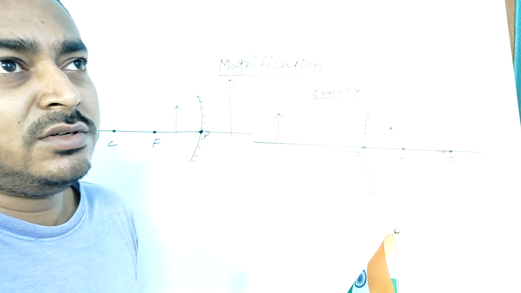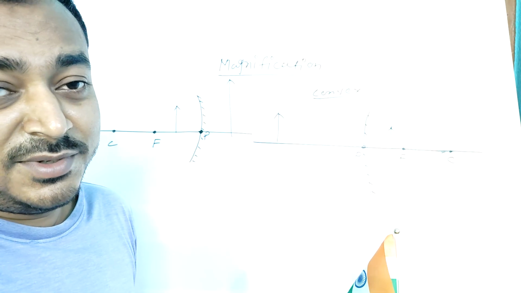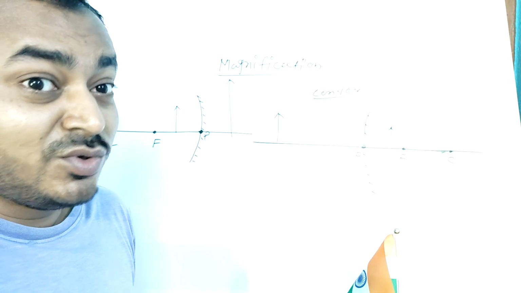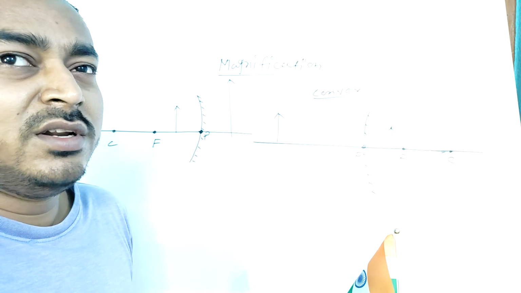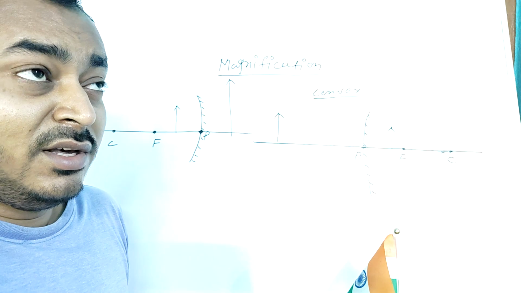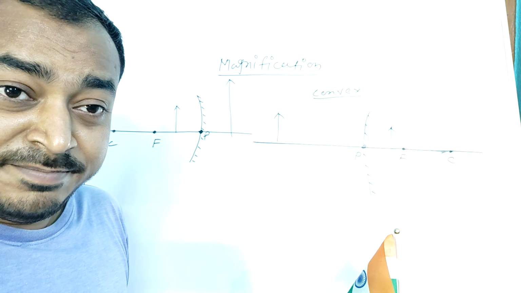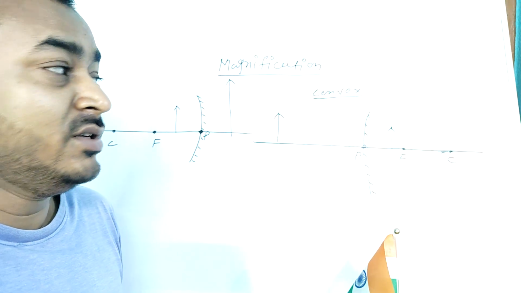In the last two lectures, we covered the ray diagrams for concave and convex mirrors, the rules to draw the ray diagrams, then the sign convention, and today also we will discuss the sign convention.